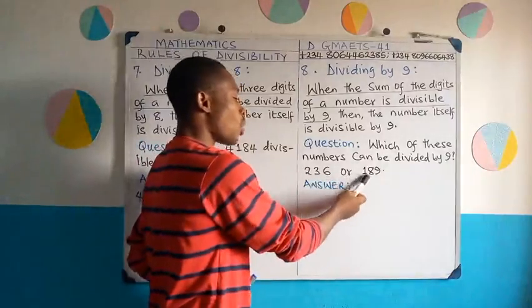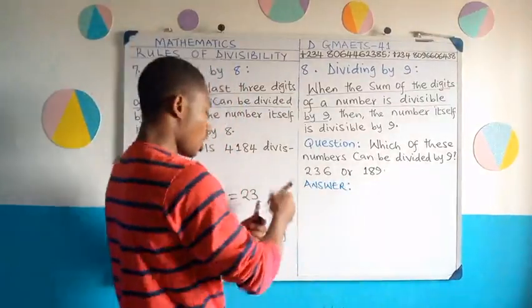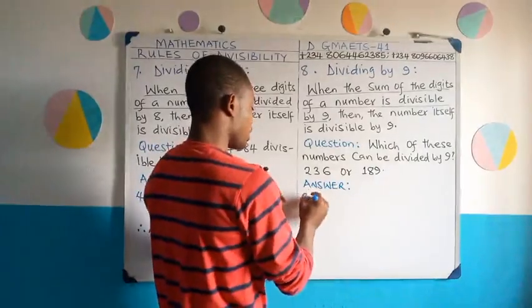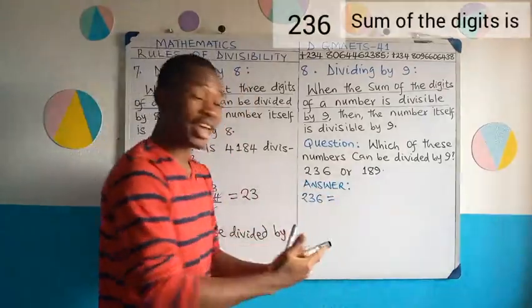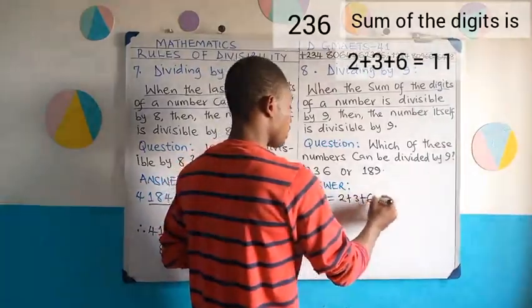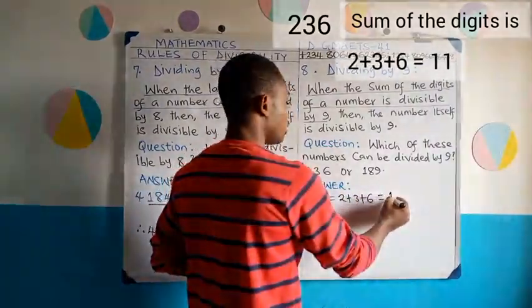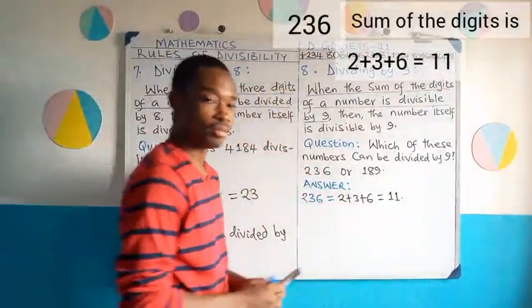Question: which of these numbers can be divided by 9? 236 or 189? So let us find out quickly. Now if you come to the first one, 236, we are going to add the digits there and see if what we would get can be divided by 9. So I'll do 2 plus 3 plus 6. If you add this up, you get 11. Can 9 divide 11?